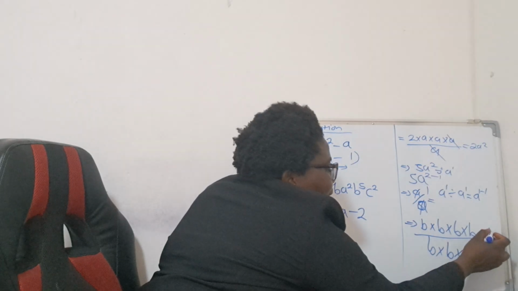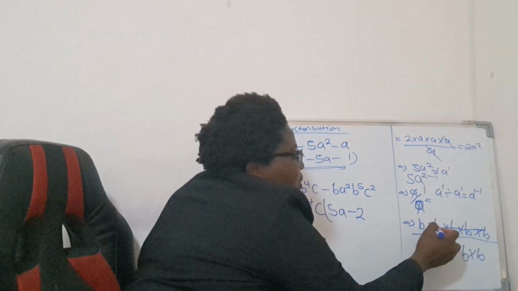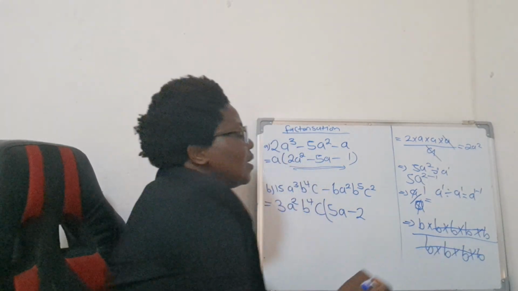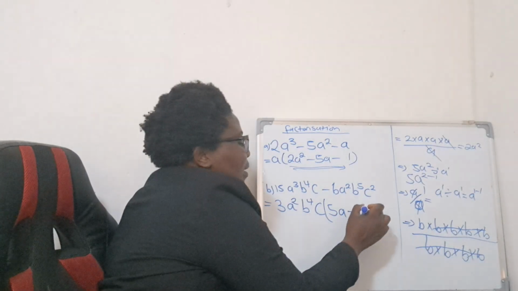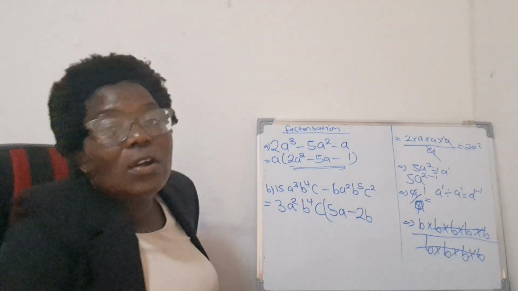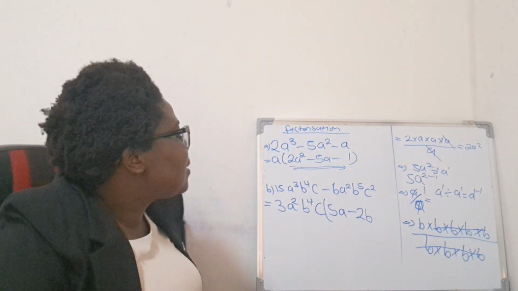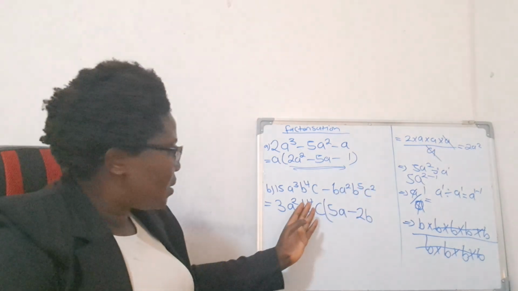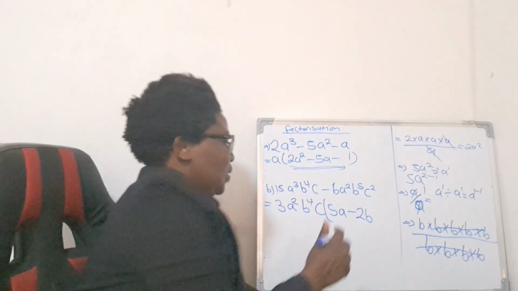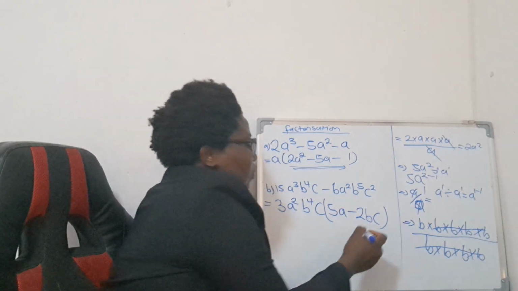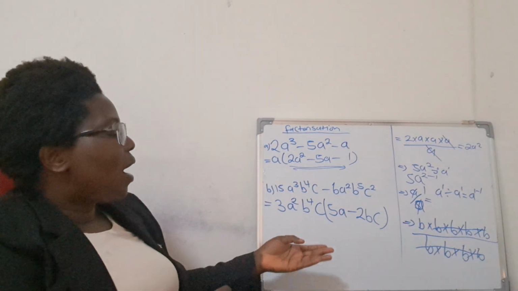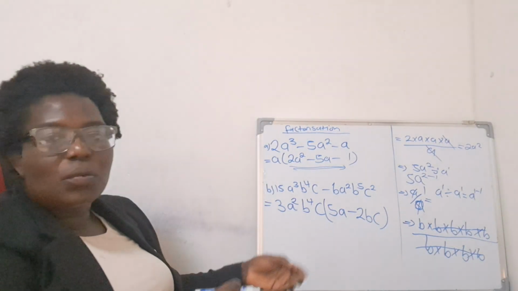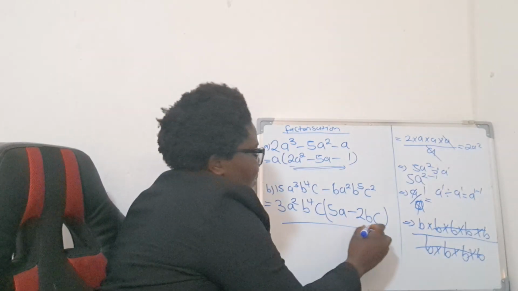So you cancel 4 b's, and we remain with b to the power of 1. And then c to the power of 2 divided by c is 2 minus 1, which gives us c. So our factorization answer will be this one.